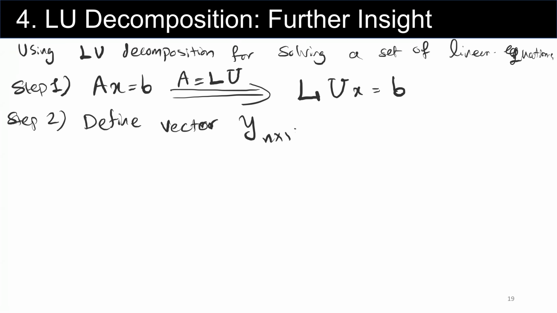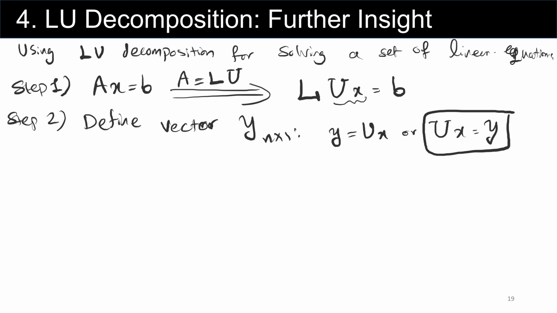And how do we define Y? Actually, we use Y equal to UX, or it's better to show it in the form of linear equations. UX is equal to Y. Let me call this equation 1.